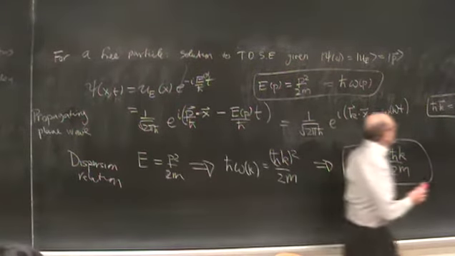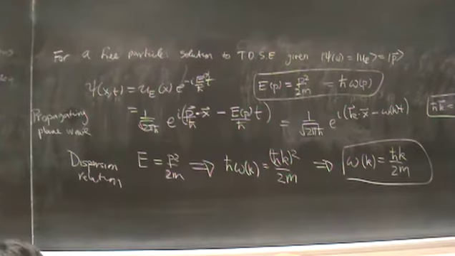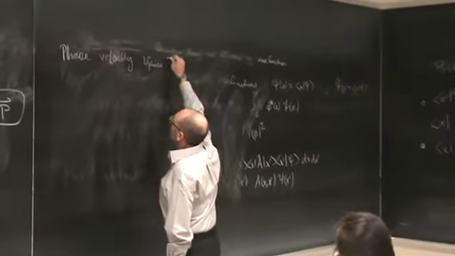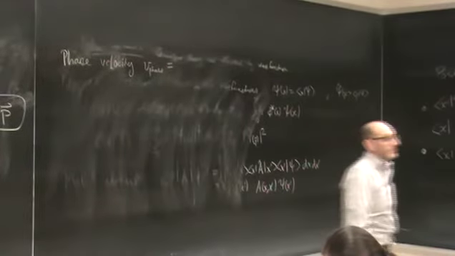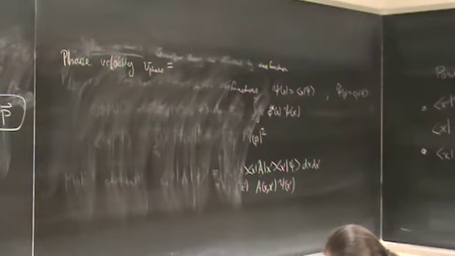And given the dispersion relation, we can talk about phase and group velocities. So the phase velocity, how is that defined? Remember that?